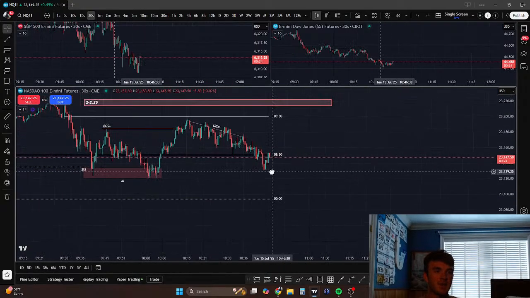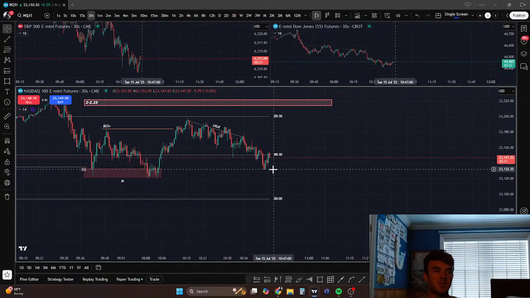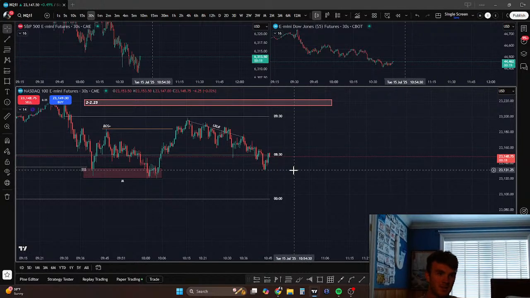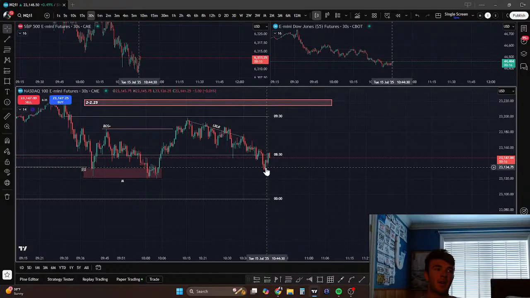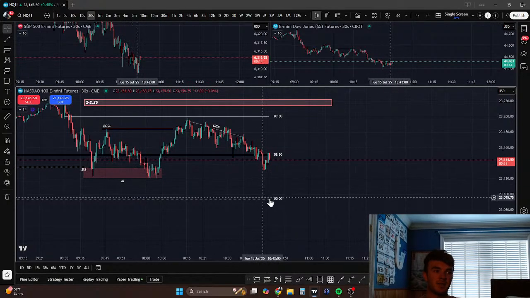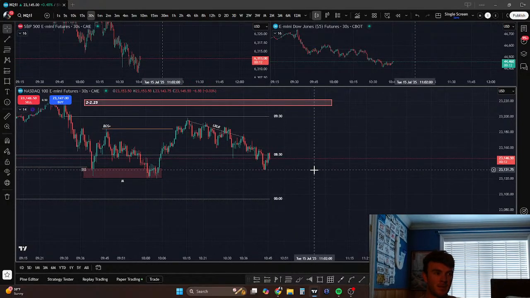Dang, was I really that close to bottom ticking it and then it didn't hit? If I was that close and it doesn't hit, that'd be stupid.